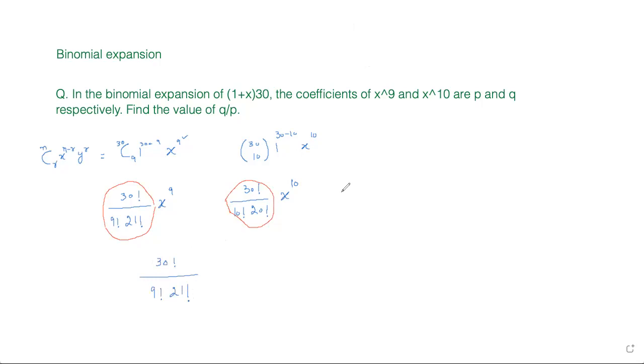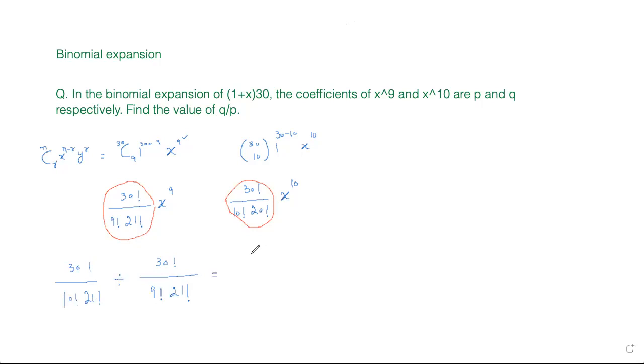Okay, so here they say p is the coefficient of x power 9, and we need to find q over p. Then what we need to do is 30 factorial divided by 10 factorial and 20 factorial, divided by 30 factorial over 9 factorial and 21 factorial.